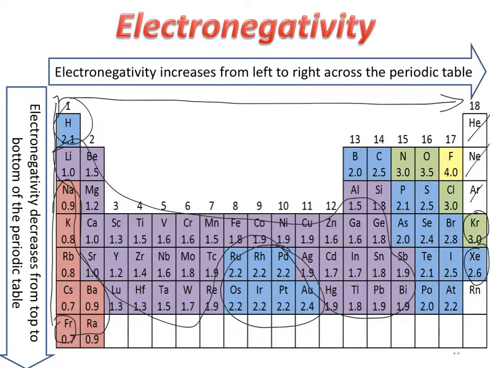Hydrogen is at 2.1, and then the majority of the nonmetals are between 2 and 2.9. There are 4 elements at 3 or above: nitrogen and oxygen, chlorine, and krypton. And then finally at the top end is fluorine. It gets the 4.0.